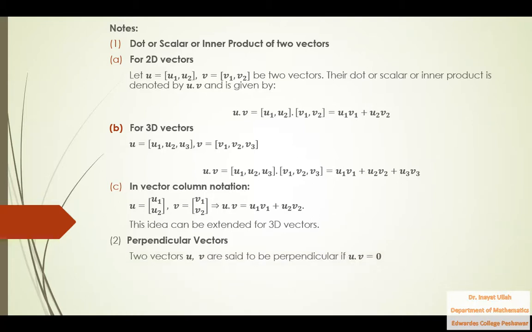So two vectors u and v are said to be perpendicular if their dot product vanishes. If their dot product is 0, then we say that these two vectors are perpendicular to each other. So remember this statement.